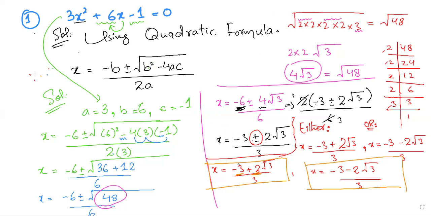As you can see here, that the maximum power of the x is 2. It means we will have two possible values for x.